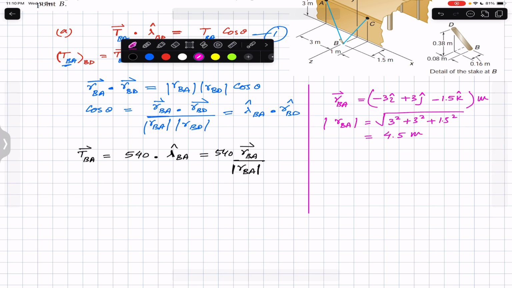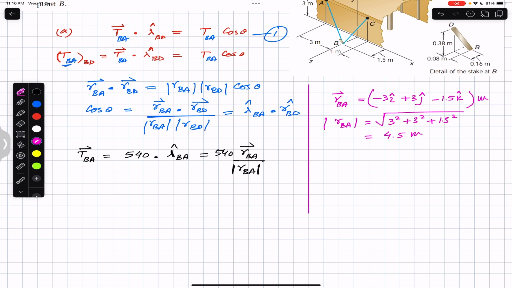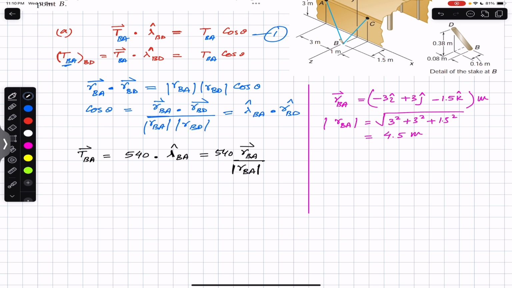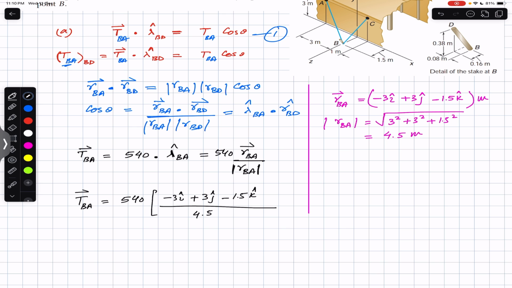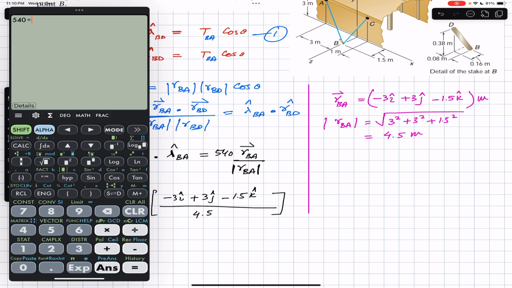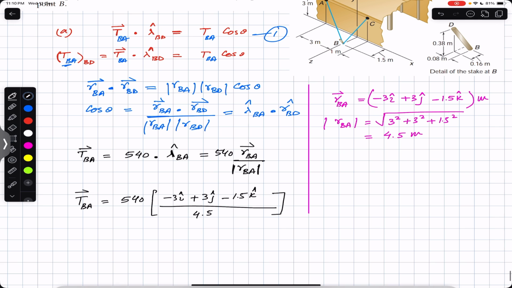We can plug in here, so we will be able to find TBA. TBA is equal to 540 multiplied by the unit vector, which is minus 3i plus 3j minus 1.5k divided by its magnitude, 4.5. So 540 divided by 4.5 is 120.